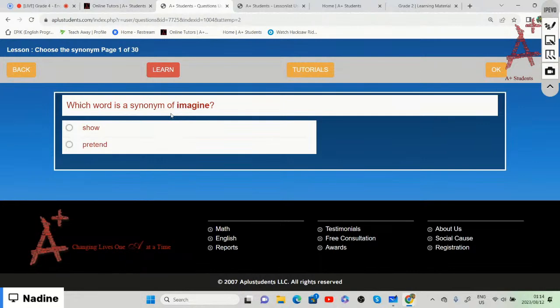All right. So basically, the synonym of imagine is, let's say, pretend. Because show is to show something, and imagine is to think of something, unless it is showing something in your mind.